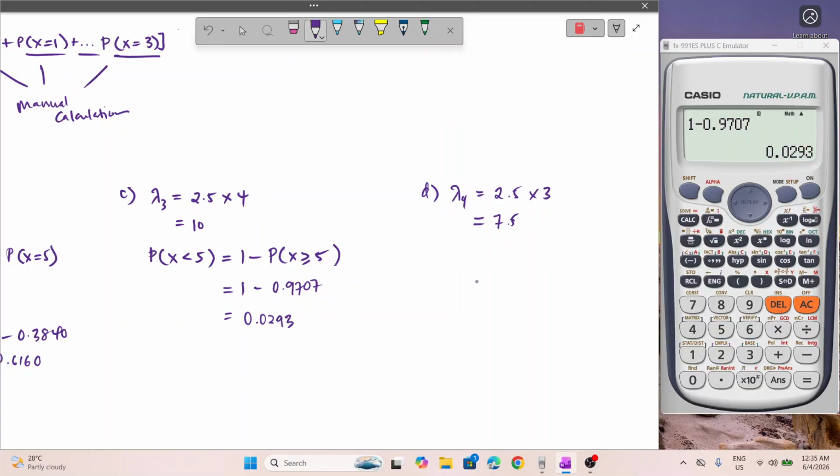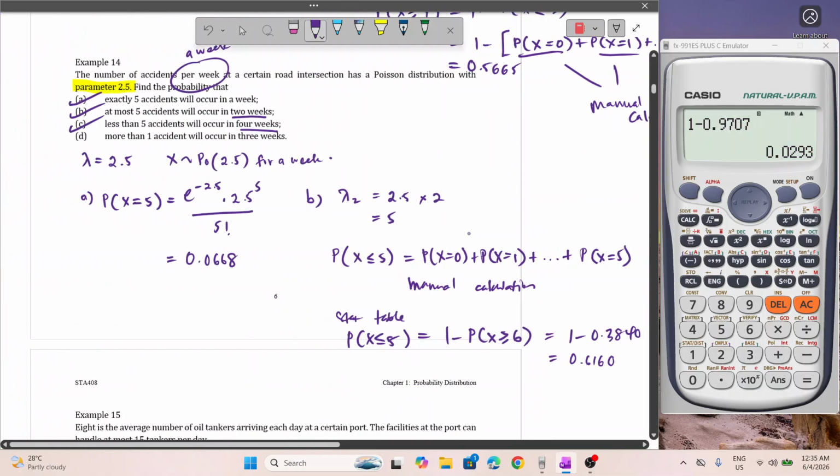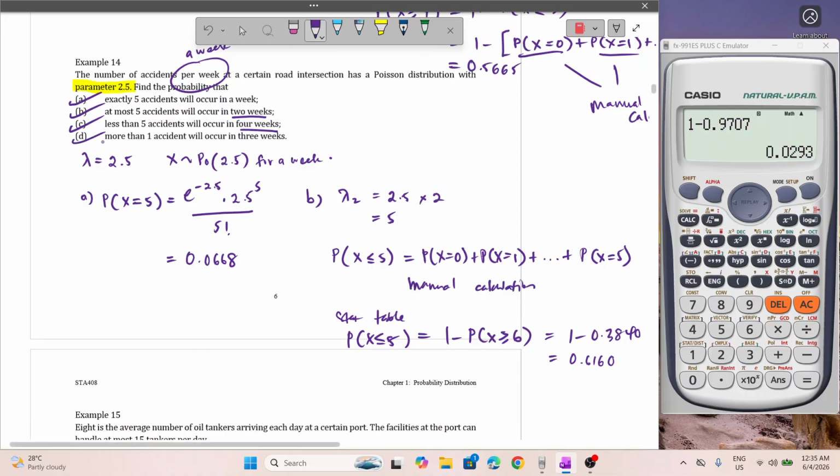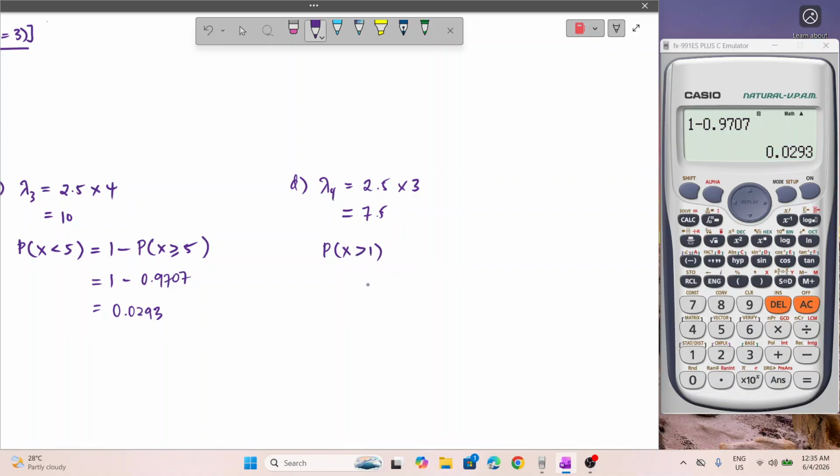So you want to find the probability of more than one accident occurring in 3 weeks. More than one, so probability of x greater than 1.